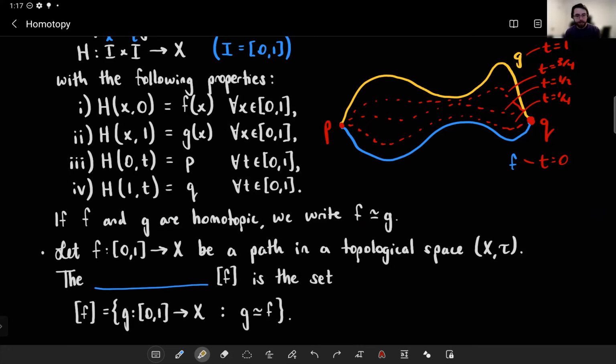Okay, and then our next comment notes that you can actually form equivalence classes from homotopies. We call them homotopy classes, but really they're just equivalence classes of homotopies.